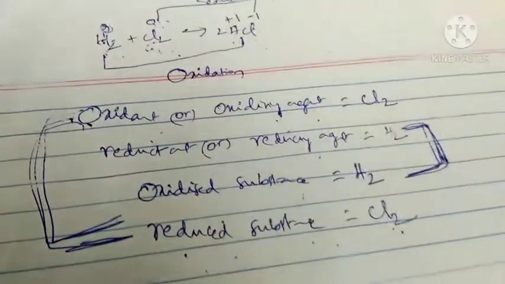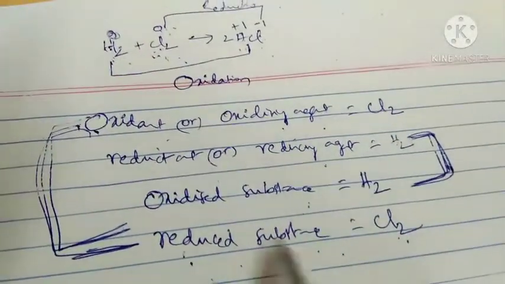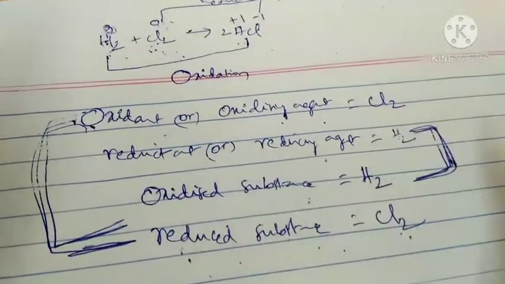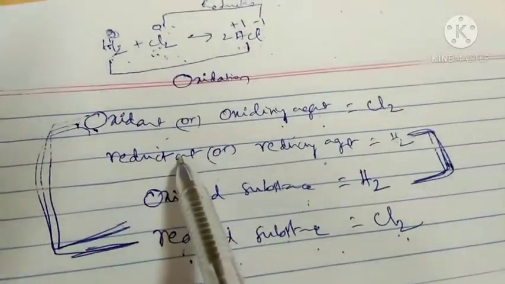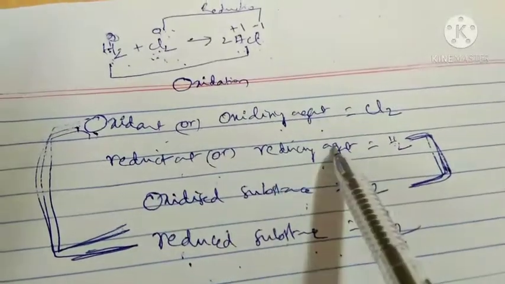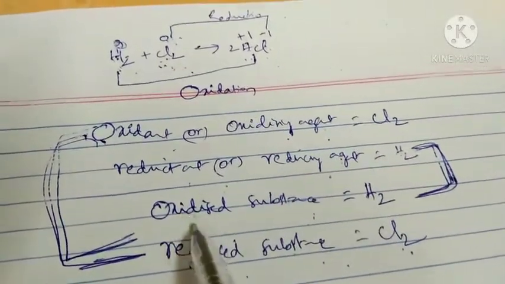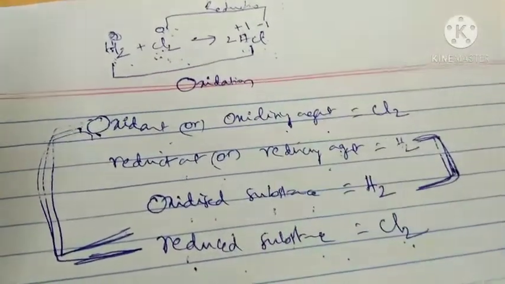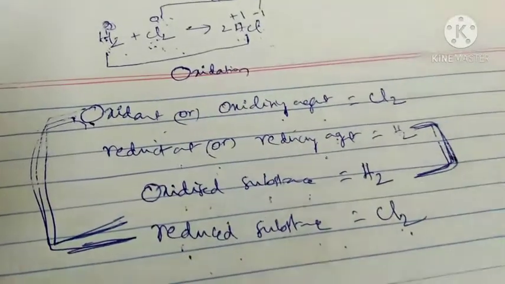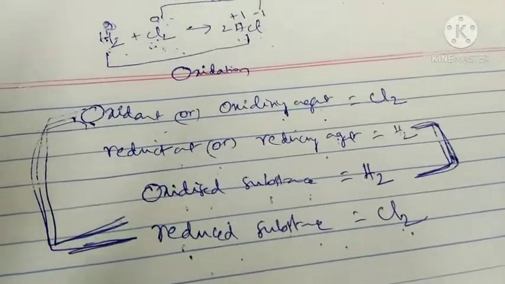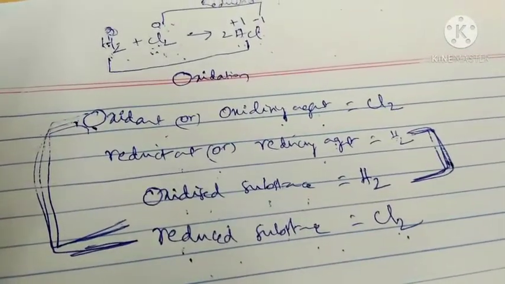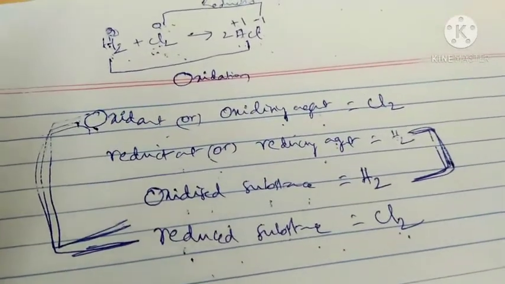Oxidant means the substance which is involved in reduction. Reduced substance means the substance which also is involved in reduction. Reductant means the substance which is involved in oxidation. Oxidized substance means the substance which also is involved in oxidation. Don't get confused. Watch this video two or three times, then only you will get a clear idea about this one.